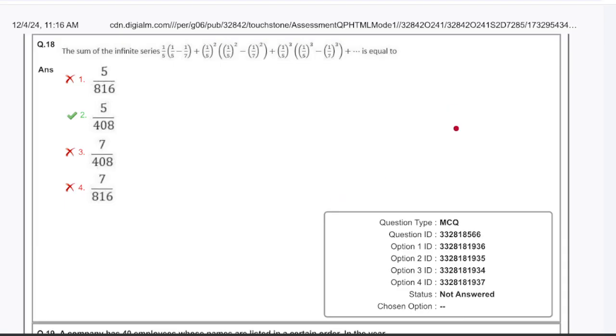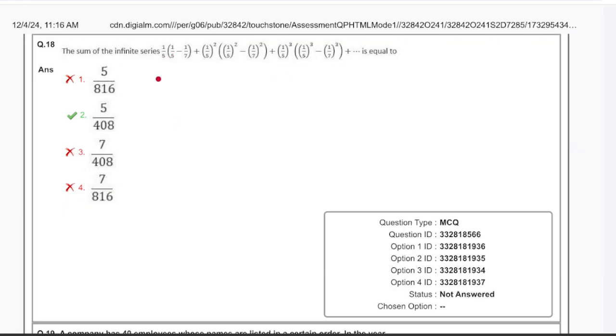Number 18. The sum of the infinite series 1 by 5 into (1 by 5 minus 1 by 7) plus 1 by 5 square into (1 by 5 square minus 1 by 7 square), and so on. Easily it can be seen that 1 by 5 is a GP, no doubt, but this is not a GP because we are not getting (1 by 5 minus 1 by 7) whole square. So how to solve it? Let's multiply them.